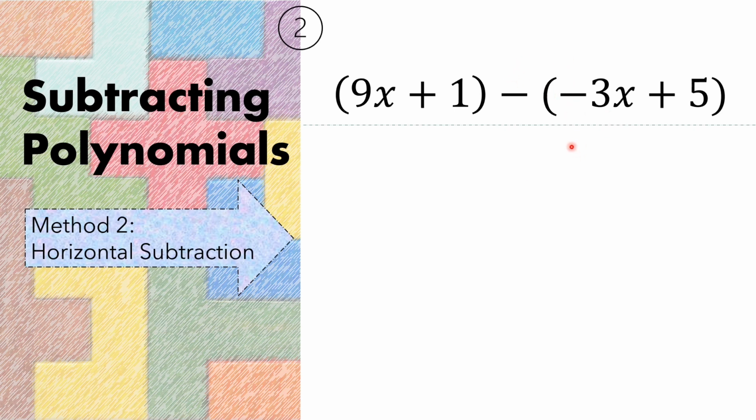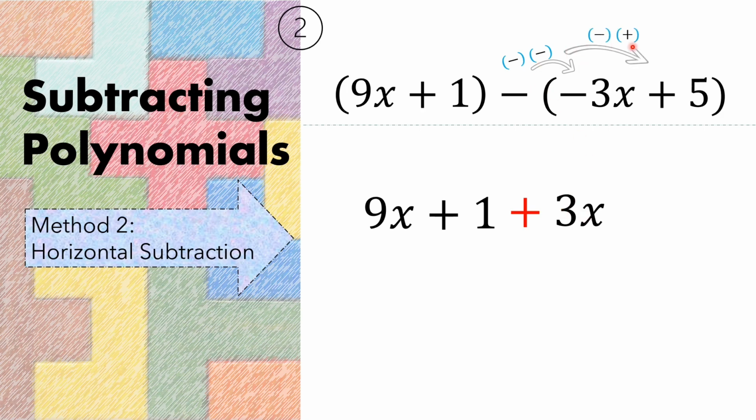So we copy the minuend, then negative times negative 3x is plus 3x, and then negative times positive 5 is minus 5. Then combining like terms, 9x plus 3x is 12x, and then 1 minus 5 is negative 4. So we have 12x minus 4.